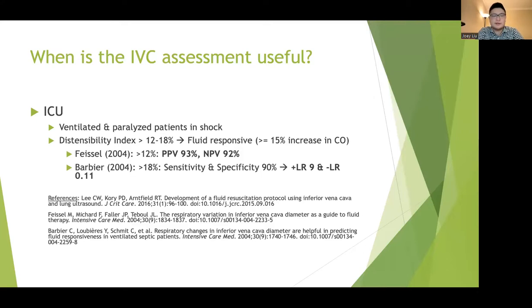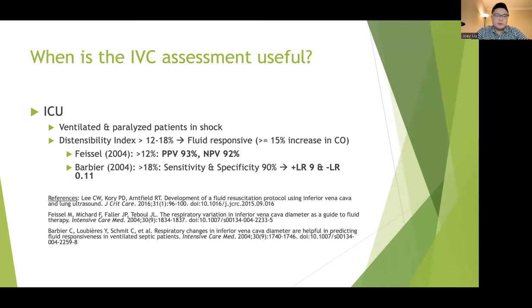In these studies, the authors looked at the distensibility of the IVC to determine whether or not the patients would be fluid responsive. Their outcome was to measure whether or not there's a 15% increase in cardiac output with measurements from advanced cardiac POCUS maneuvers. And the fluid they used is typically some sort of volume expander.